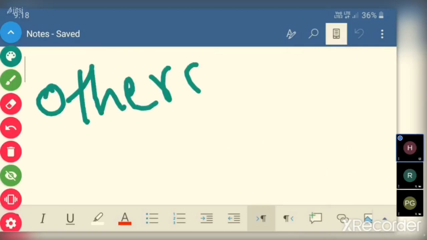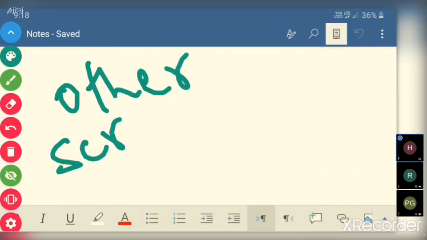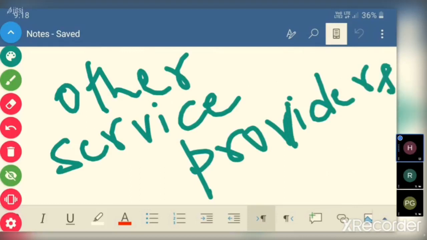For other service providers, it is 6%. So suppose sale price or supply price is 100. Tax thereon is 6%. So 106 is the total output value. 6 rupees they have to remit to the government.